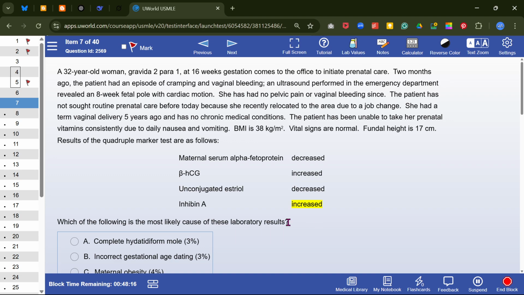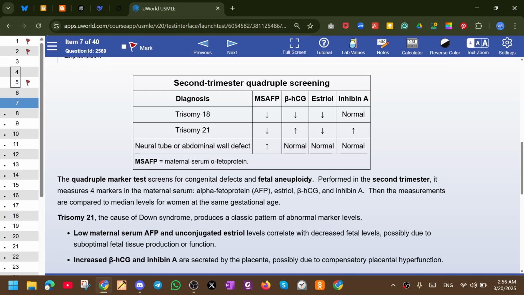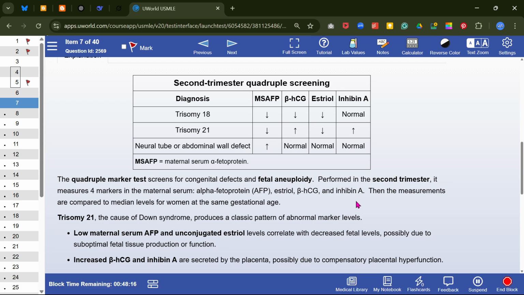Down syndrome has high up: in Down syndrome, beta HCG and inhibin are up, and maternal serum alpha-fetoprotein is low. High means H for HCG, I for inhibin.